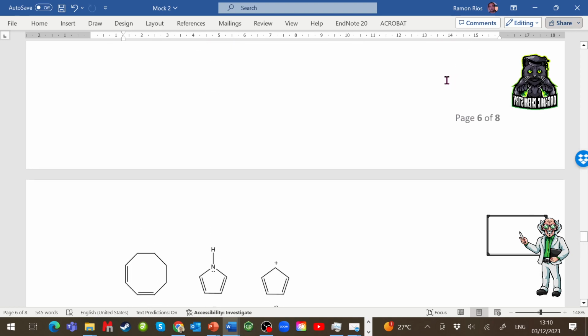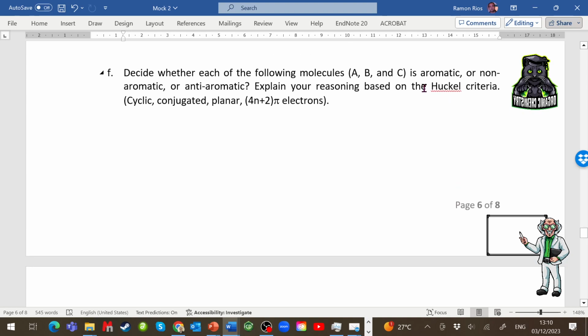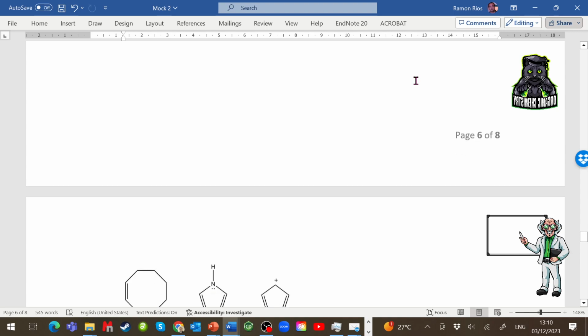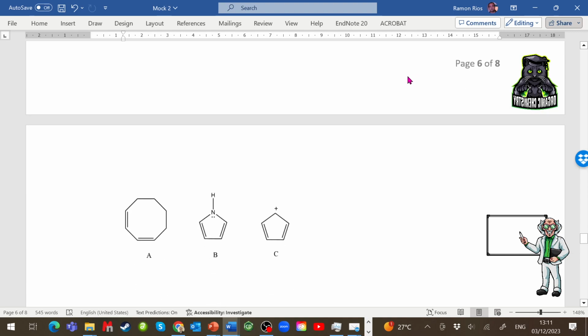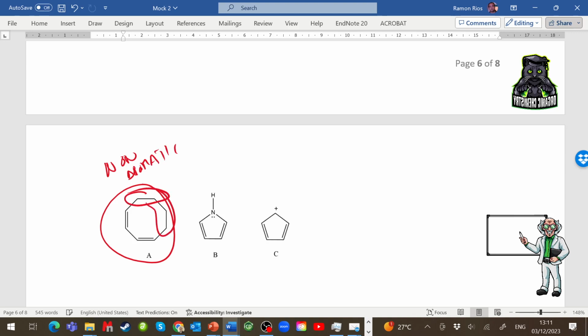Okay, the next question is to tell which of the following molecules are aromatic, antiaromatic, or non-aromatic. A will be non-aromatic. Why? Because these four carbons are sp3.